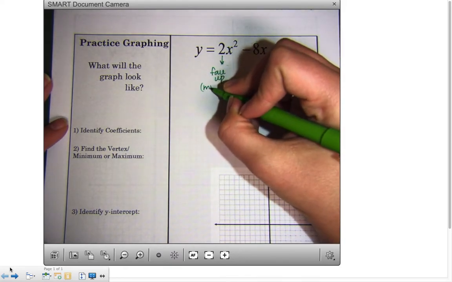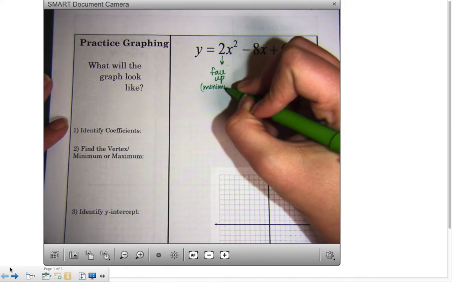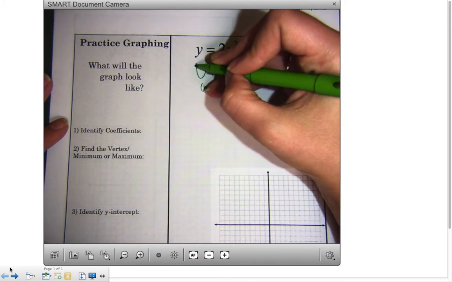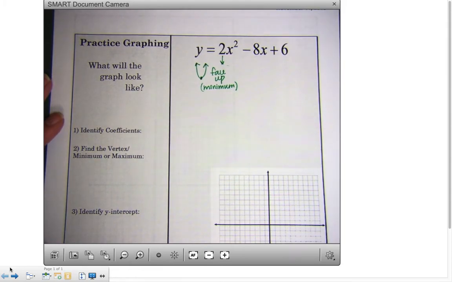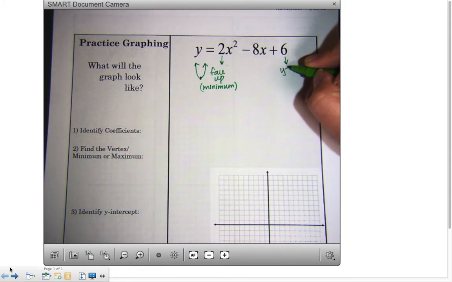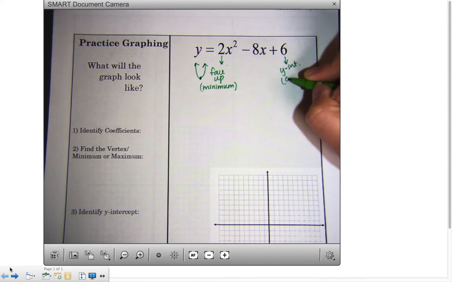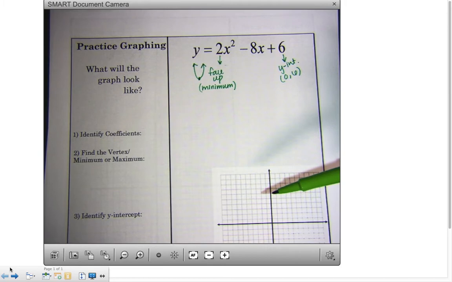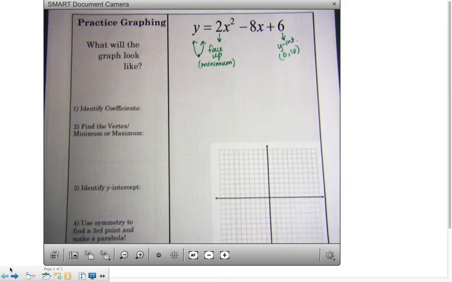That means it's going to have a minimum value, because your parabola will look like this, and that's your minimum. 6 is c, that's your constant, so that's your y-intercept, 0, 6. So always think about these things before you actually start to graph it. You should have a picture of what you think the graph will look like before you even start.